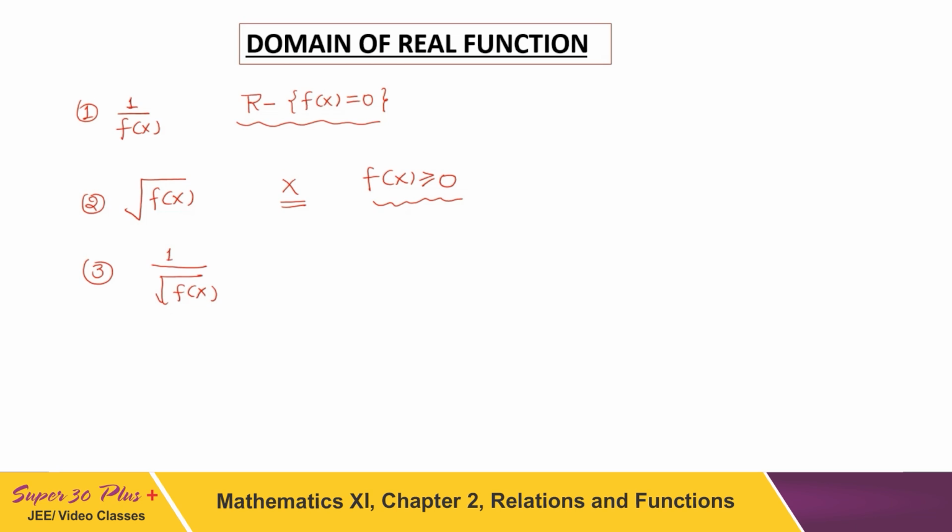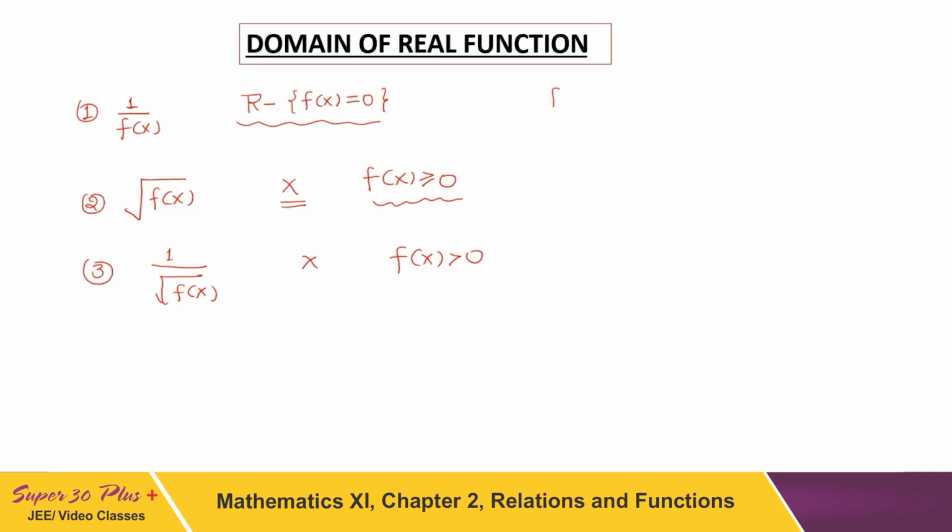The domain will be all values of x for which f(x) is only greater than 0. In this case, f(x) cannot be equal to 0 because in mathematics, if 0 comes in the denominator, then the expression does not exist.